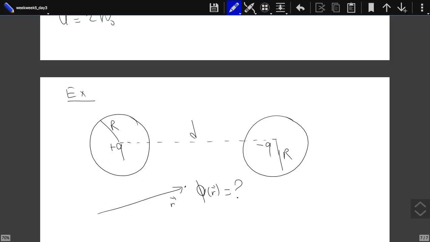Is D large? No, they're not point objects.